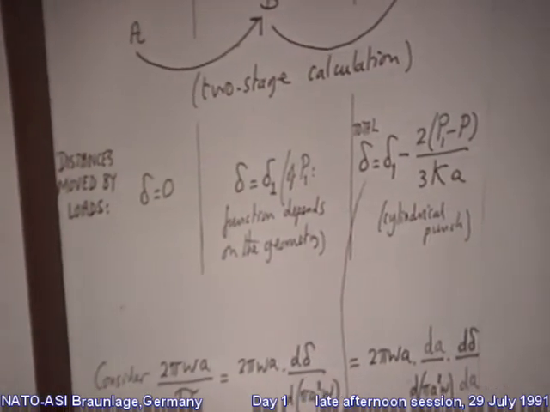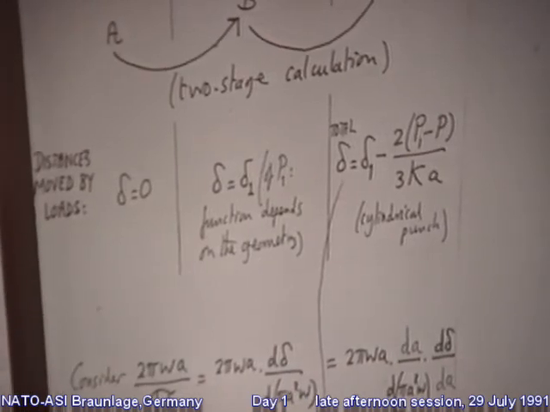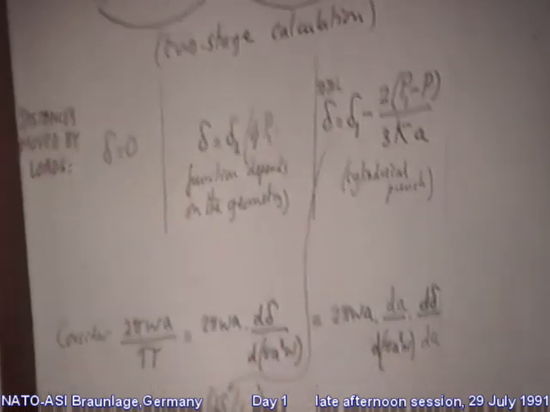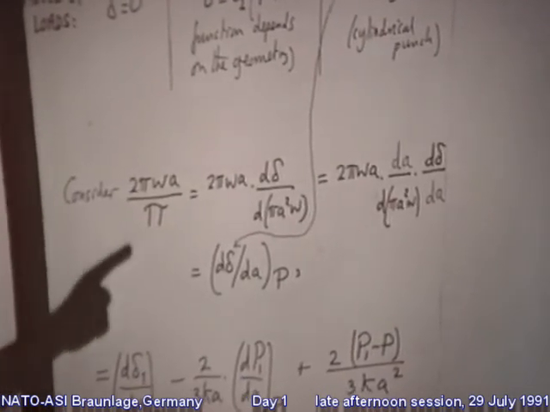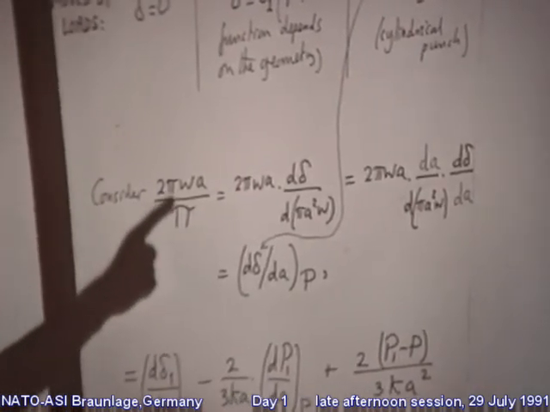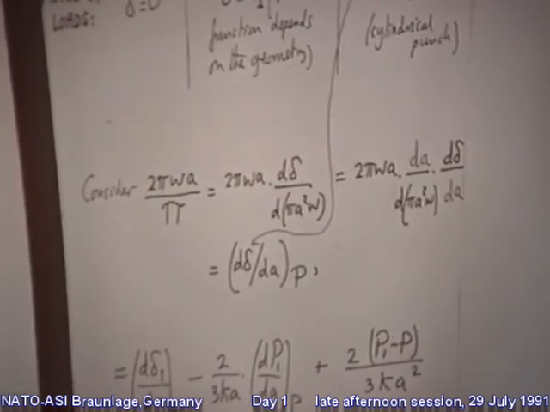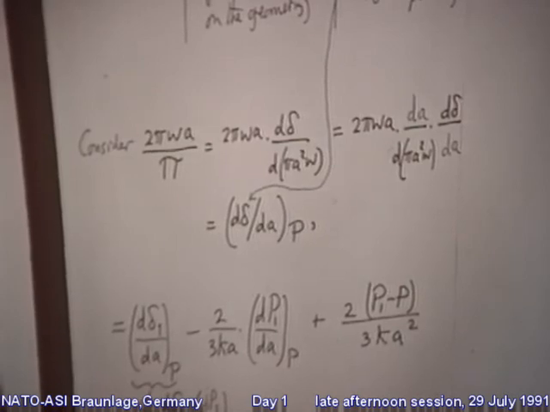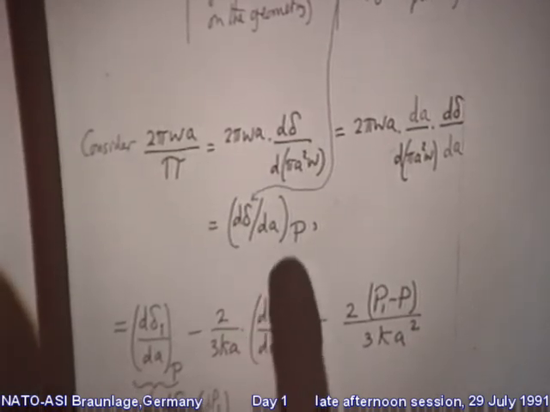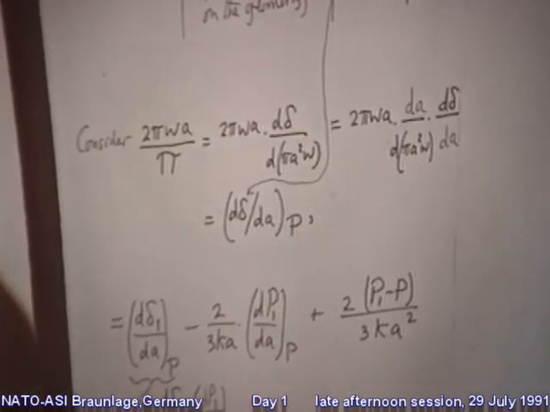And then the easiest way, with the least amount of algebra, is to consider the quantity we're trying to calculate, 2 pi W A over pi. And from the definition of pi, you find it works out to be just d delta by dA equals dP.